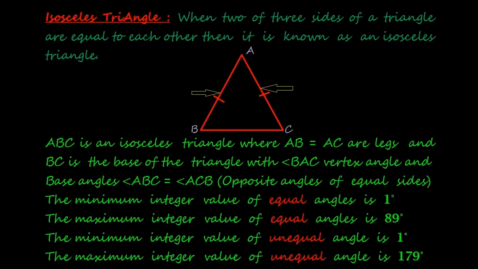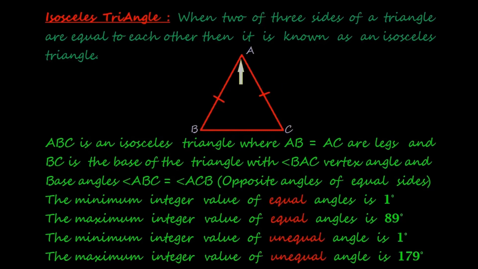On the other hand, the two equal sides of an isosceles triangle are known as the legs of the isosceles triangle. Here in triangle ABC, as AB and AC sides are equal, therefore AB and AC sides are the two legs of this isosceles triangle ABC.